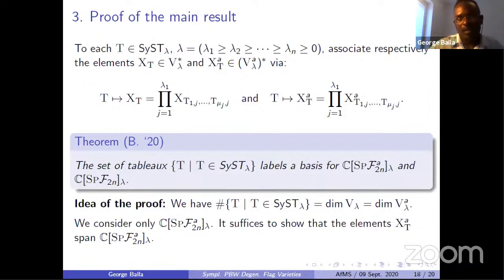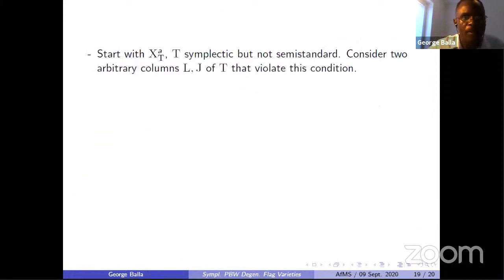And for our purpose, we shall just look at the degenerate case. Now, how do we do that? Briefly, we start with an element XTA, which you saw from the previous slide, for T symplectic but not semi-standard, and we want to write this as a linear combination of semi-standard ones.